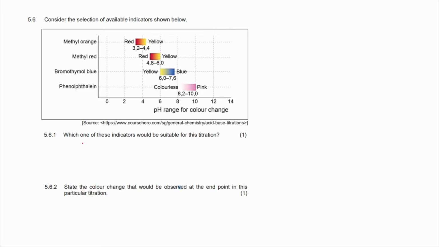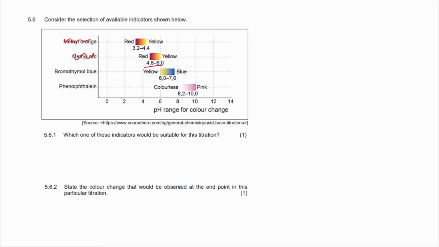So these indicators here are for acidic pHs, pH below 7. But we know our resulting salt is going to be basic. So we can't be using these indicators that are only going to change color in acidic mediums.